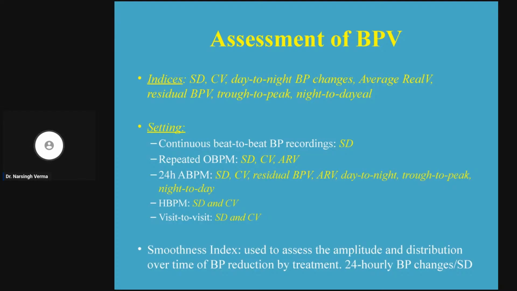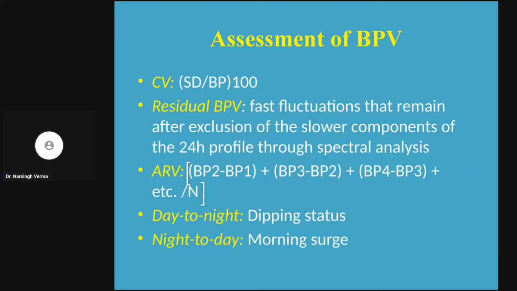We can assess it by different indices: standard deviation, the coefficient of variation, day-to-day BP changes, and the average real variability. So these are the various methods by which we can assess blood pressure variability and find out those patients where the variability is more and who have high risk.